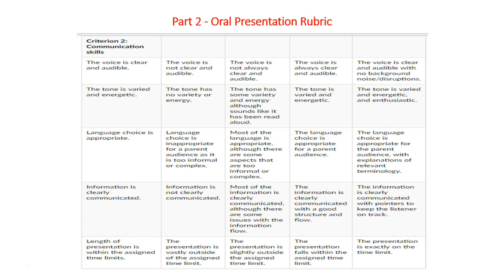I really want to be clear about this criterion, because communication skills for teachers are so important. We have to make sure we are varied in our tone, we're energetic, and we're trying to engage our students and the parents who are going to be our target audience. They don't want to turn up to a presentation and listen to someone who's just talking the same way the whole time.